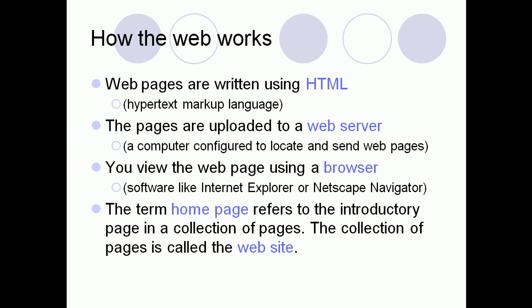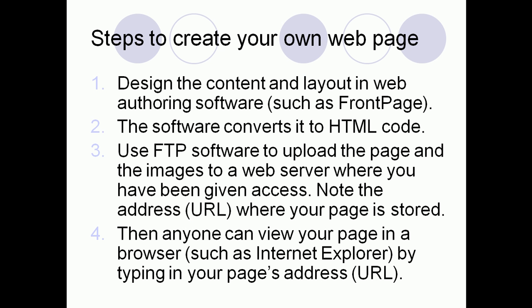So take note of that. Even we have application software that can be used to format web pages, and it helps you to communicate in hypertext markup language. You're going to learn in level 300 how to create your own web page.